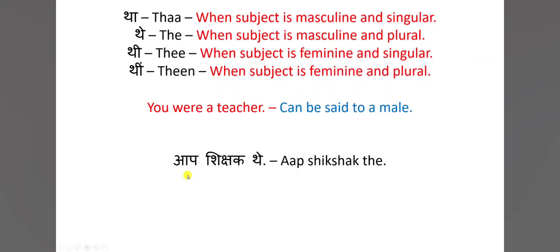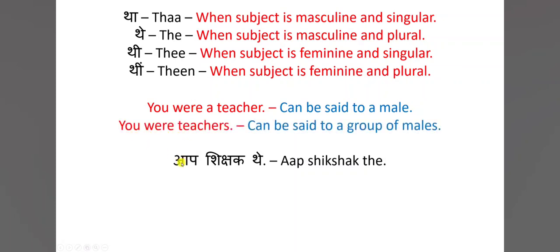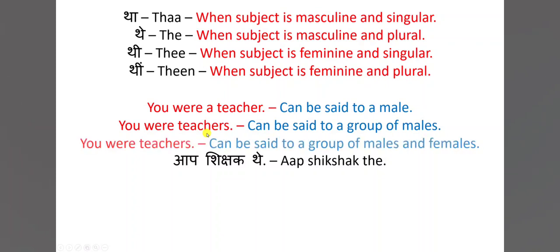Alright? आप is also by default plural, and so for masculine plural we have the for was and also were. Okay? Next, you can say the same sentence and mean this. You were teachers. You can say this to a group of males. And you can say the same Hindi sentence to a group of males and females.